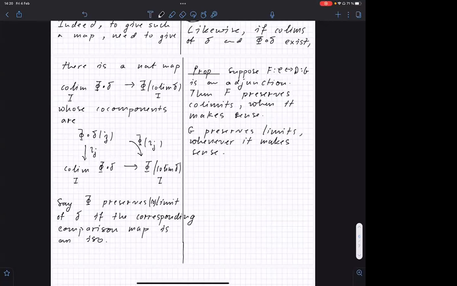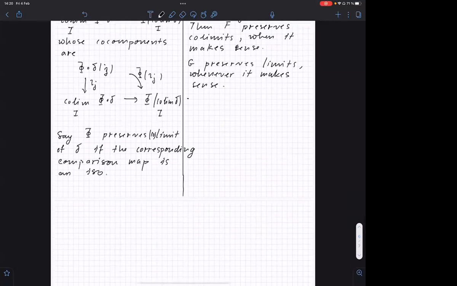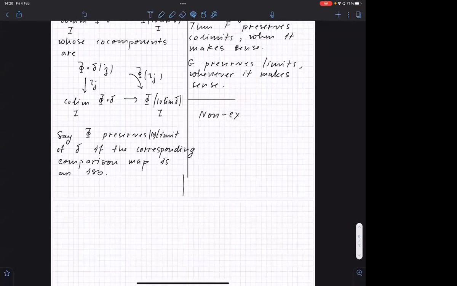I want to end today by giving an example, a kind of non-example, where it's obvious that some limit or colimit is not preserved. So let's assume this proposition, which we're going to check in the seminar.